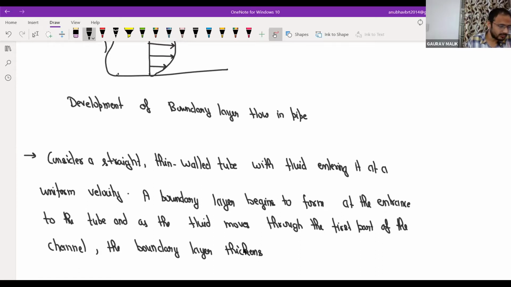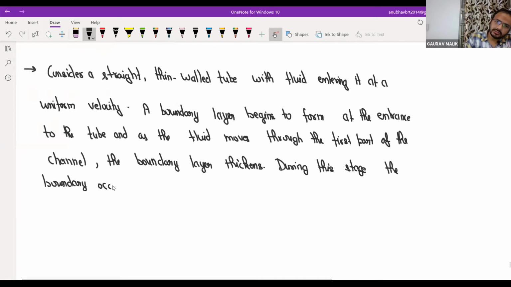During this stage, the boundary layer occupies only part of the cross section of the tube. So initially, the boundary layer occupies small space, but as length increases, it will occupy more space of the cross section.